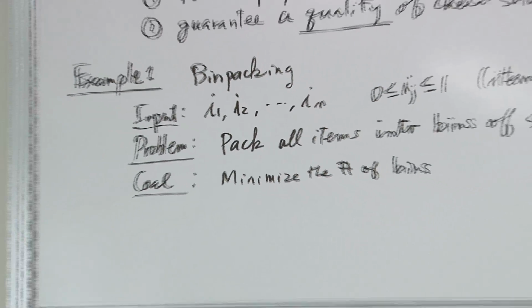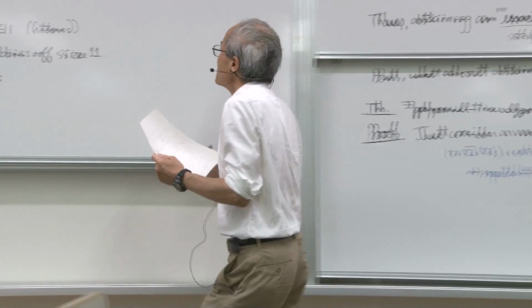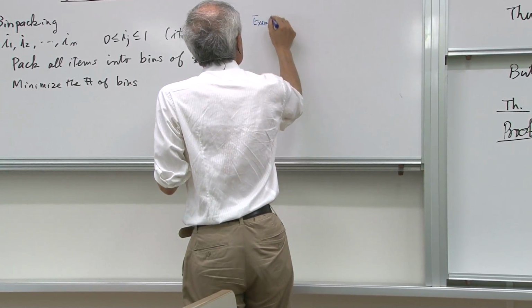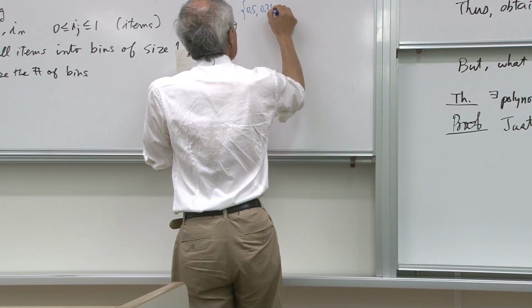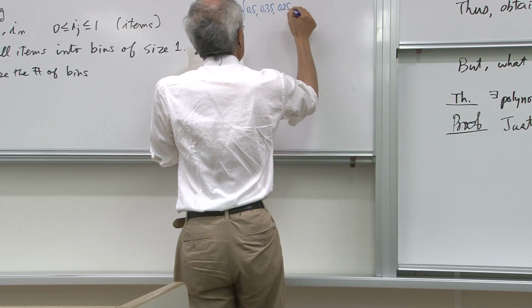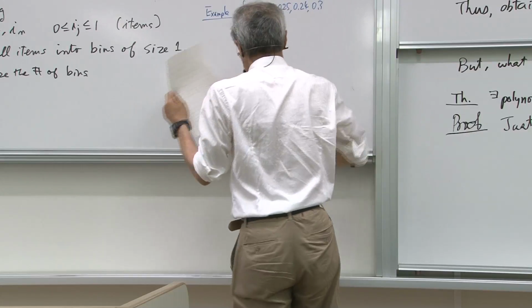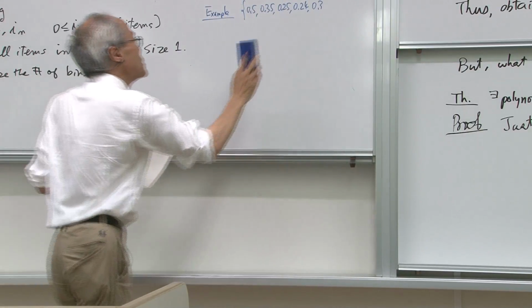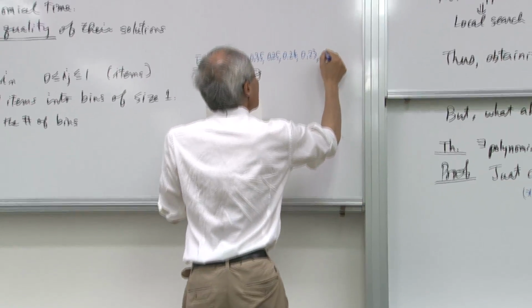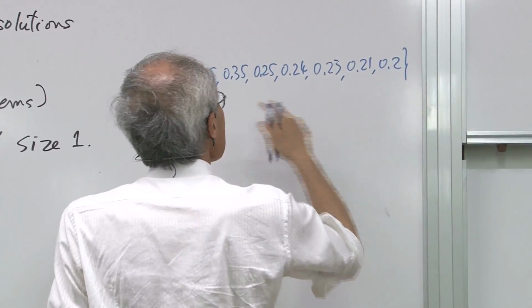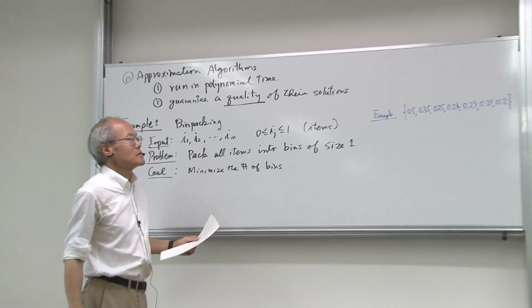Okay, simple example: one, two, three, four, five, six, seven. We have 7 items.